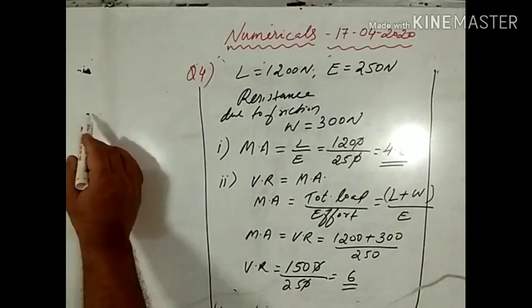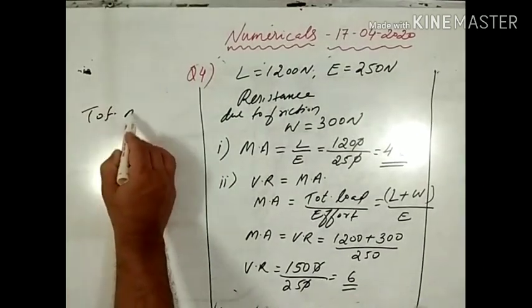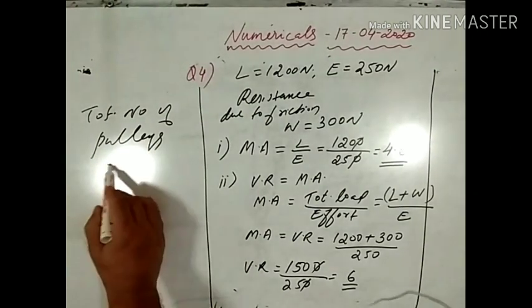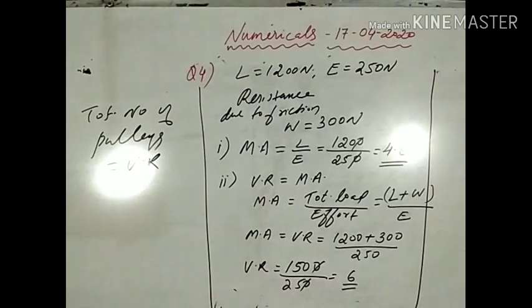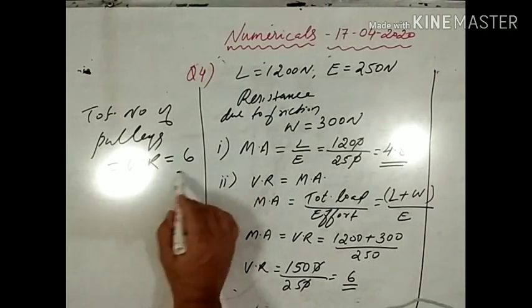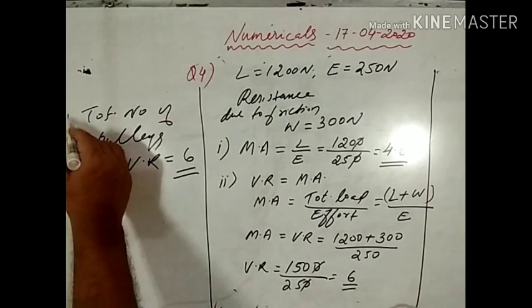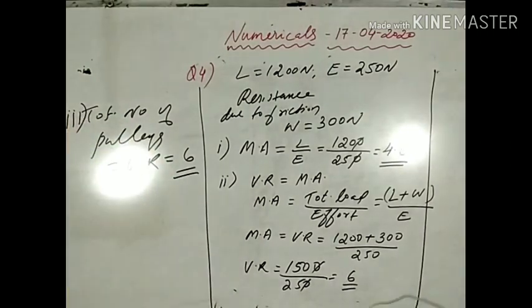Total number of pulleys is numerically equal to velocity ratio. All right. So the total number of pulleys is equal to 6. That is equal to velocity ratio, which you have already calculated. All right. That is the third part of the question.